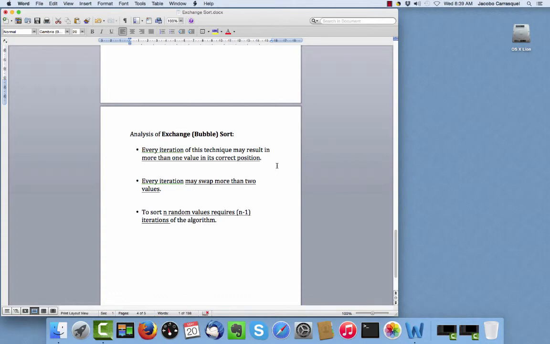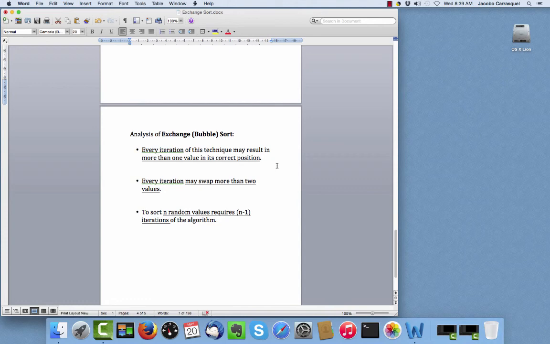Second, every pass or every iteration may swap more than two values, so this is a technique that requires a lot of swapping values. And finally, in order to sort n random values, we're going to require n-1 iterations, which means this is a quadratic sort.